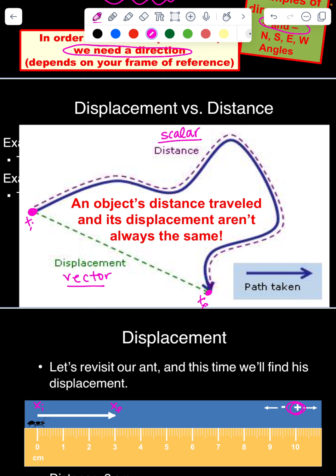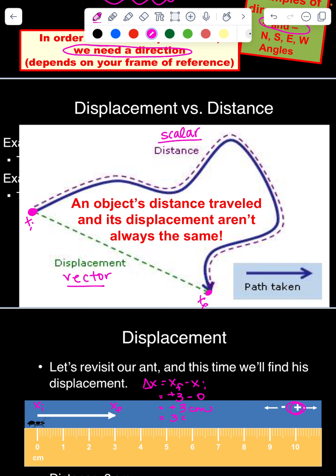All right, so if we wanted to figure out its displacement, we have our equation. Our delta x is equal to our final position minus our initial position. So that is a positive 3, it's 3 to the right, minus 0. Well, what is positive 3 minus 0? That's going to be plus 3 centimeters.